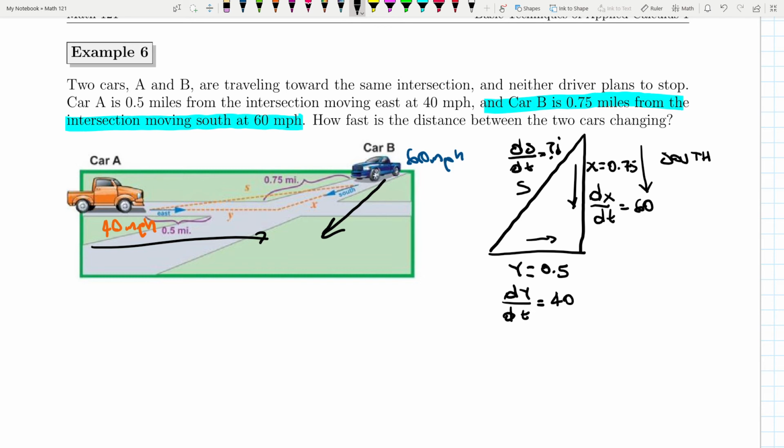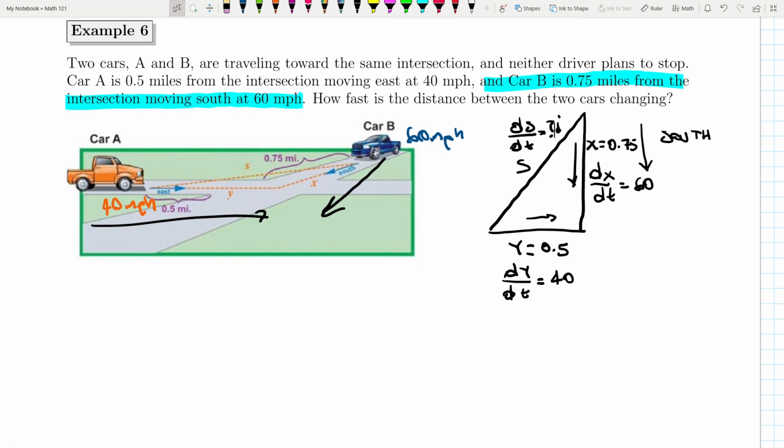Now, let's set up the formula or the mathematical model that describes this situation. Notice, the picture that this gives rise to is that of a right triangle along with the lengths of the sides. So, what mathematical model do you think relates this? Well, you guessed it right.